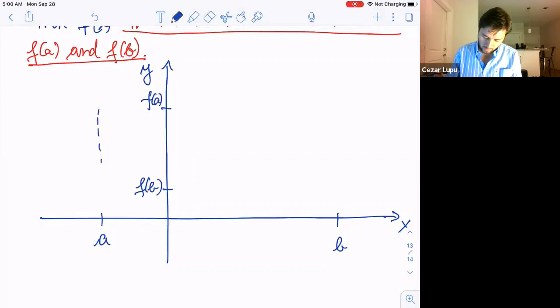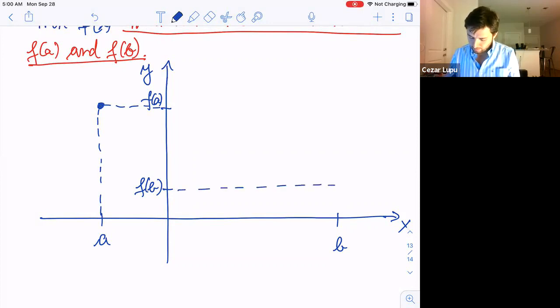So this point here has coordinates a, f of a, and the other one is b, f of b.